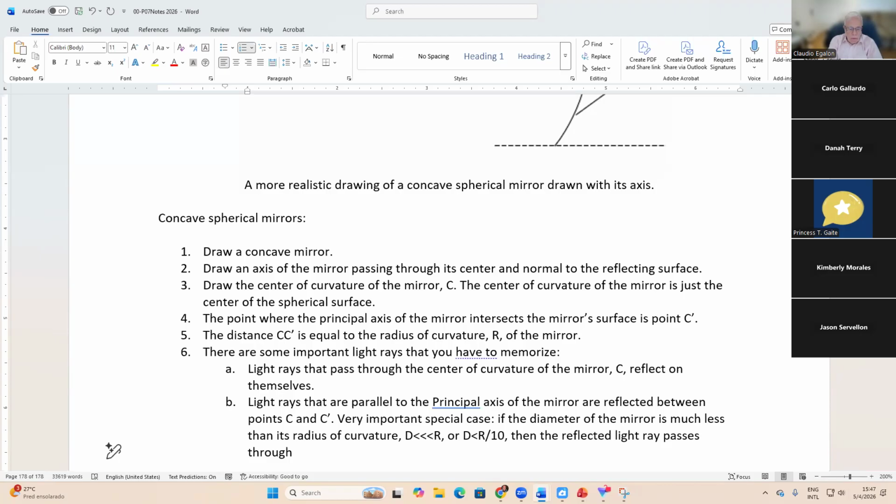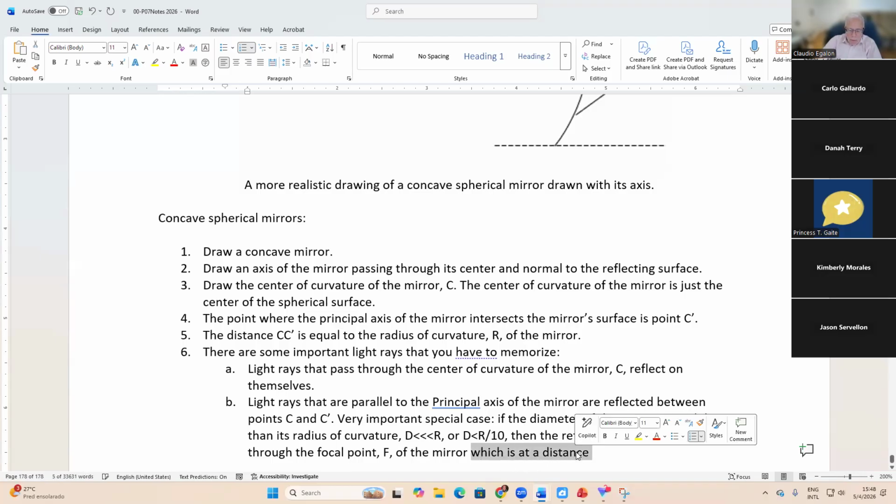The focal point F is at a distance where FC prime is equal to half the radius of curvature of the mirror.